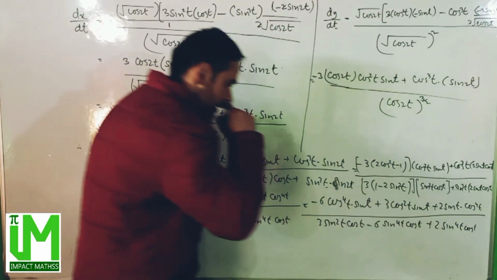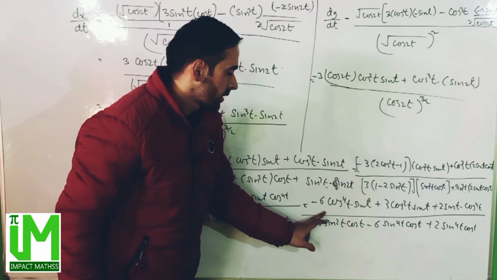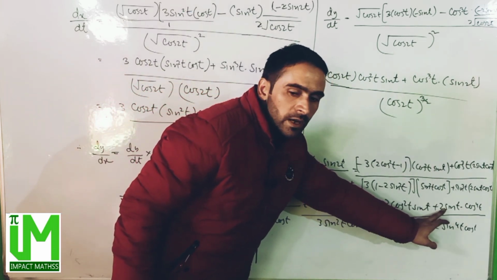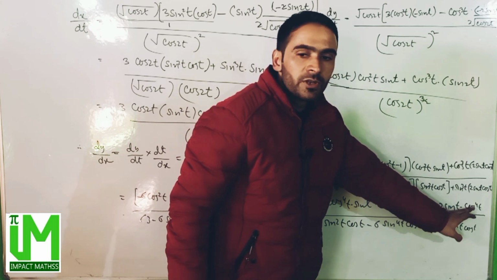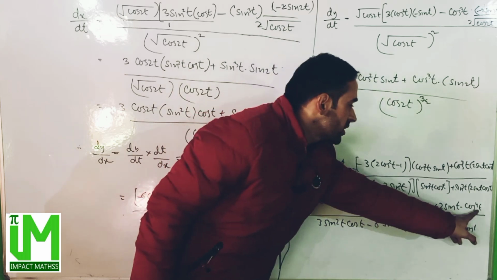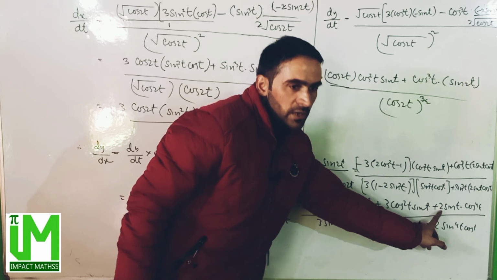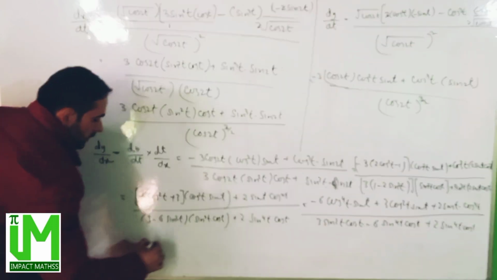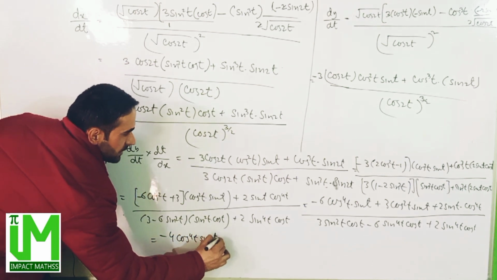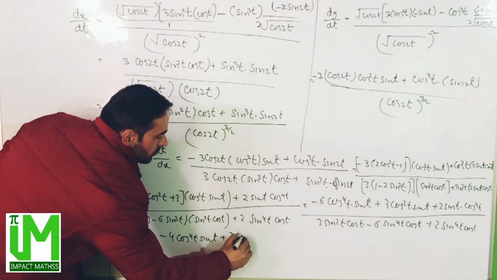Now simplify further: minus 6 cos 4t sin t plus twice sin t cos 4t, that is minus 6 plus 2, which is minus 4, so minus 4 cos 4t sin t plus 3 cos square t sin t.